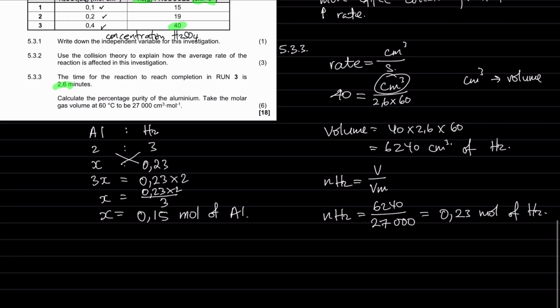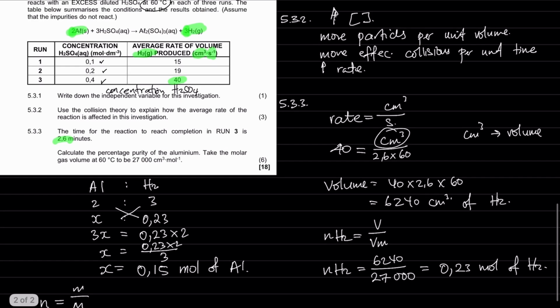Now that we have the number of moles of aluminium, we can calculate the mass of aluminium. So remember, number of moles is equal to mass divided by molar mass. 0,15 is equal to the mass divided by 27. 27 is the molar mass from the periodic table. Now you cross multiply. That gives us a mass of aluminium, 4,16 grams of aluminium.